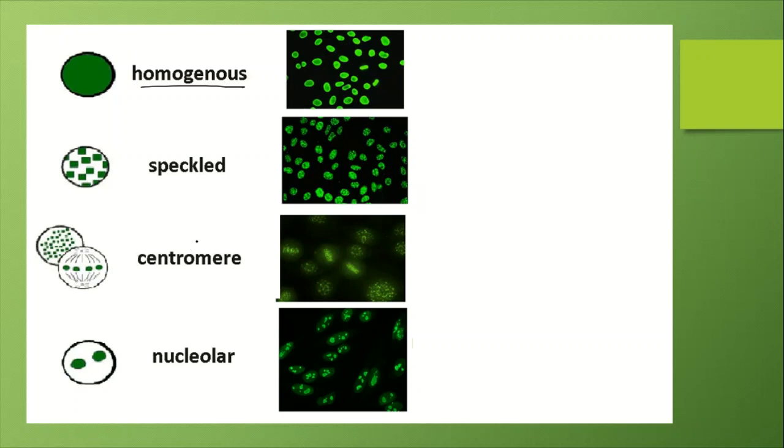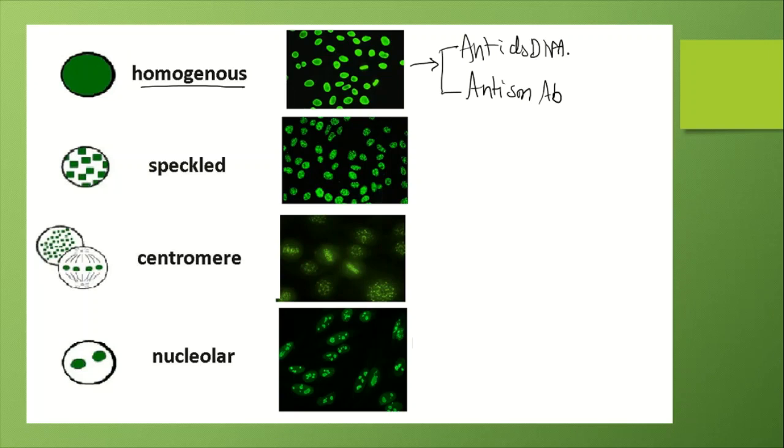Now, how are they related and what is their clinical significance? Homogeneous immunofluorescence is given basically by two types of antibodies: anti-double stranded DNA antibody and anti-Smith antibody.